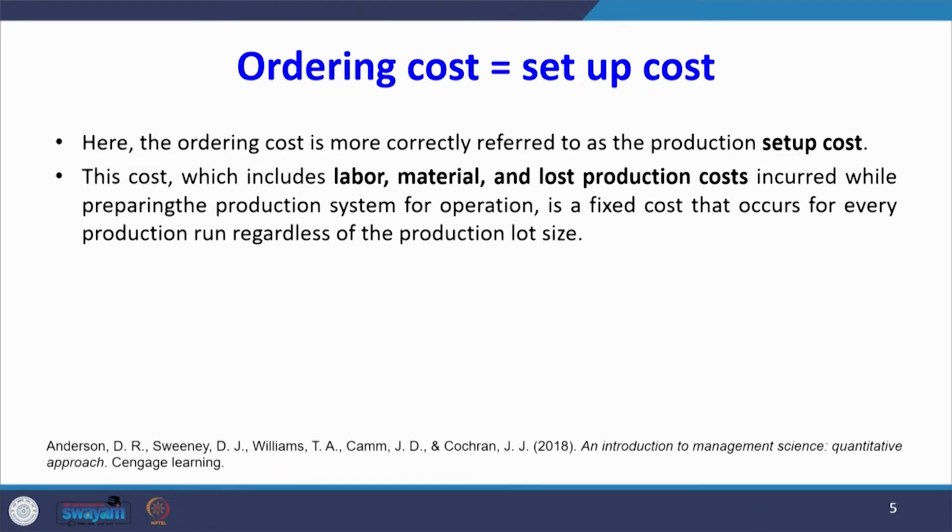Every time we prepare for production, there is a setup cost we have to incur. That cost is equivalent to our ordering cost. The setup cost includes labor, materials and lost production cost incurred while preparing the production system.